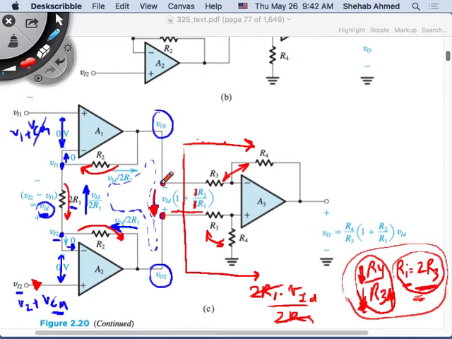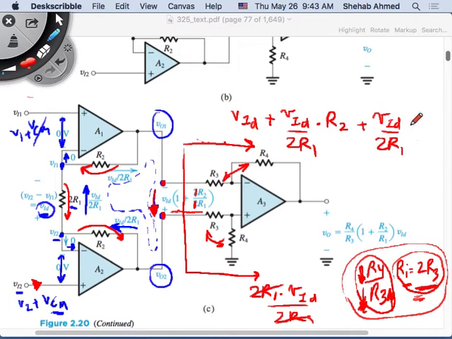So the voltage here is this drop plus this drop plus this drop. We know this is VID, plus VID over 2R1, which is shared, multiplied by R2, plus VID over 2R1, which is shared, times R2 prime.